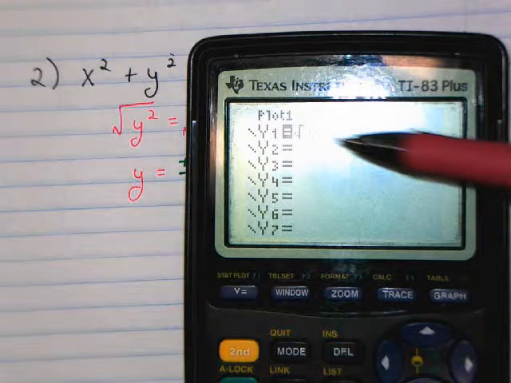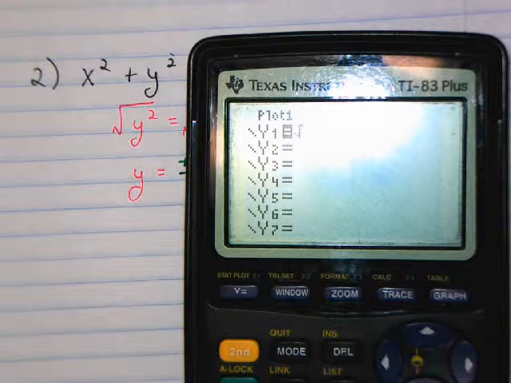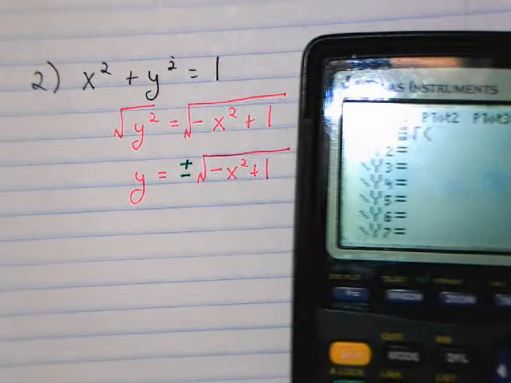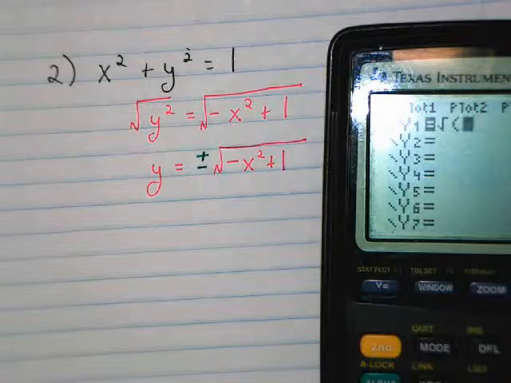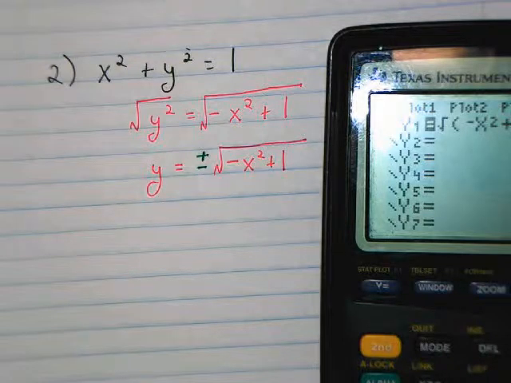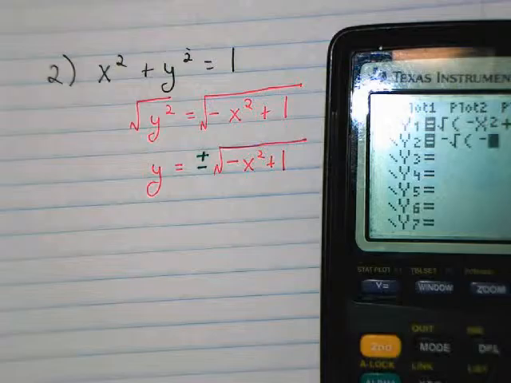Those of you who are using an older 83, you may have to input the parentheses. Let me see if I can get some of the glare off of this. Alright, so I'm going to type in the square root of negative x squared plus 1. And then I'm going to take the negative square root of negative x squared plus 1. Now hit your graph button. And there's my graph.